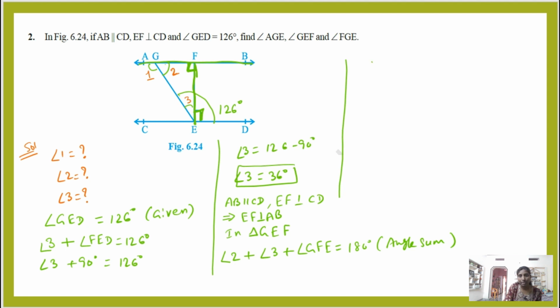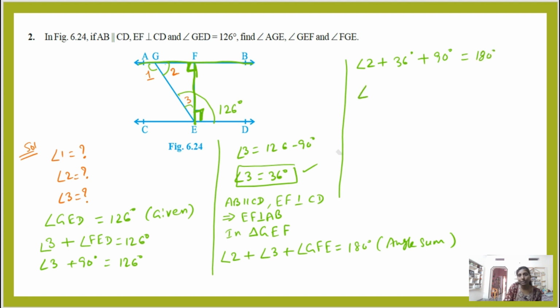But we know angle 3 is 36 degrees, plus angle GFE is 90 degrees, is equal to 180 degrees.